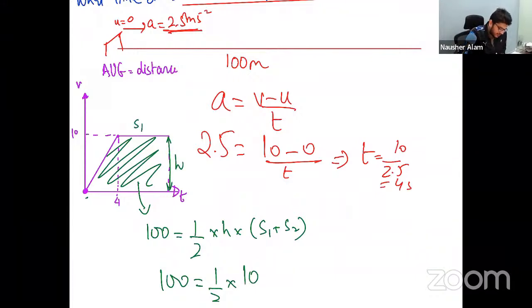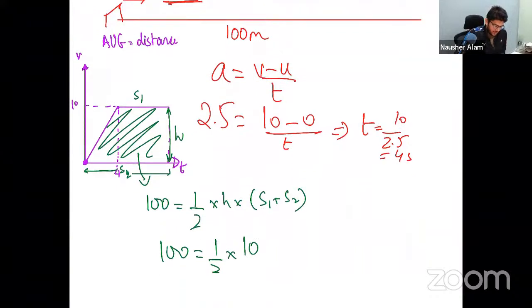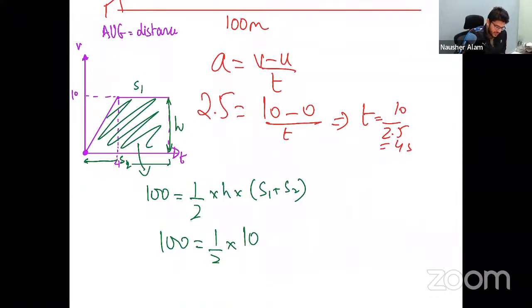This is S1 and this is S2. Got it? So half into height into sum of parallel sides, S1 plus S2.